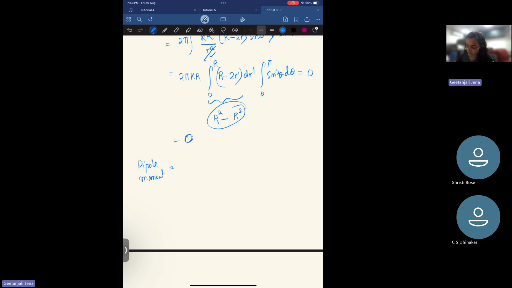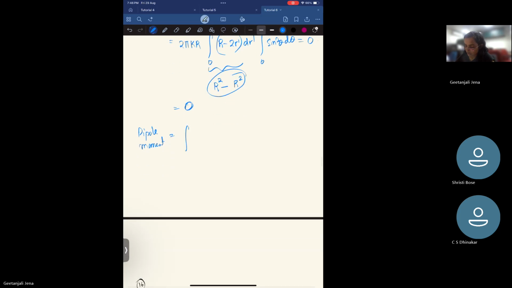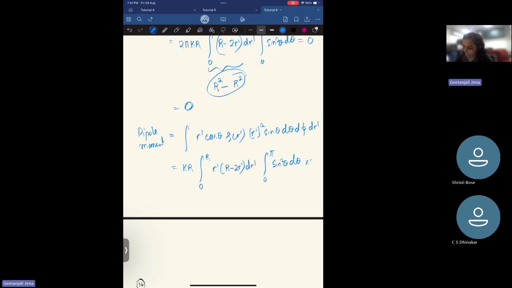For the dipole moment, we have the integral of r prime cos theta rho of r prime dv, where dv is r prime square sin theta d theta d phi dr prime. So we have kR times the integral from 0 to R of (R minus 2r prime) dr prime, the integral from 0 to pi of sin square theta cos theta d theta, and 2 pi.